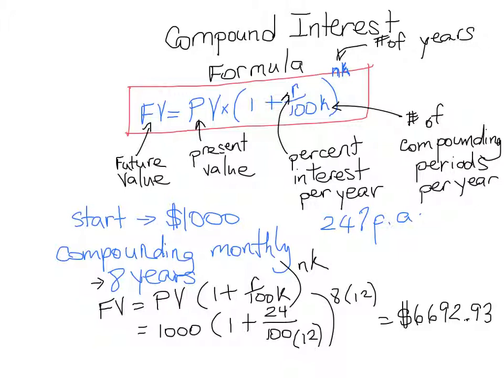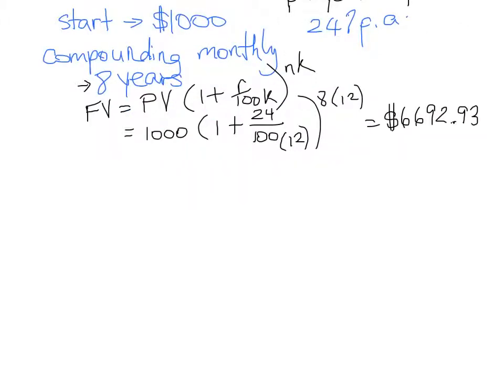So let's get onto a new slide. Again, we started off with $1,000 and we ended up with $6,692. The interest is the difference between those two amounts.